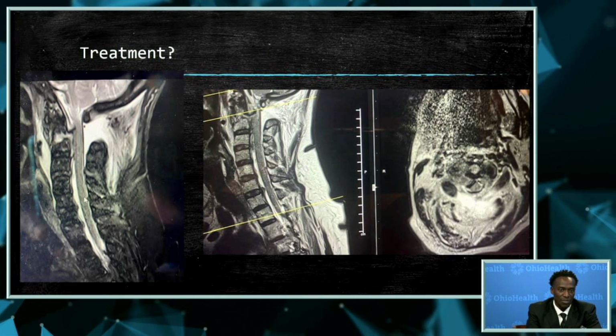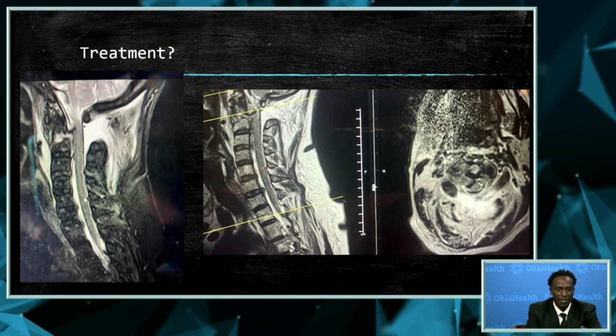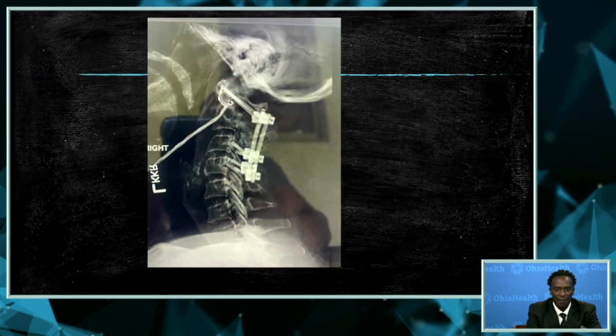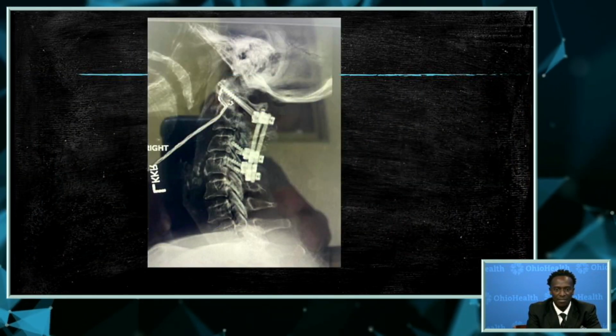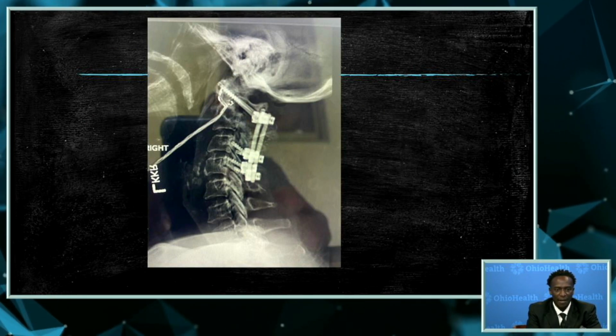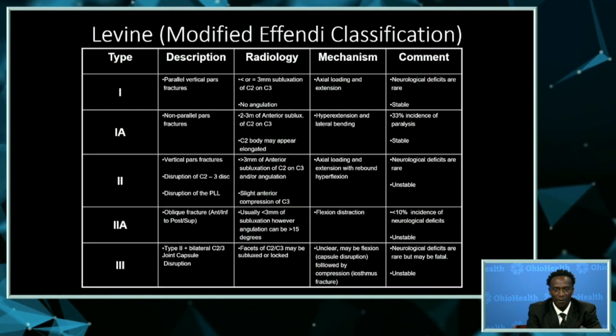The MRI shows significant posterior ligamentous injury, as you can see. And this patient ended up having this procedure here, C1 to C4 fixation. So that was the procedure that we performed.